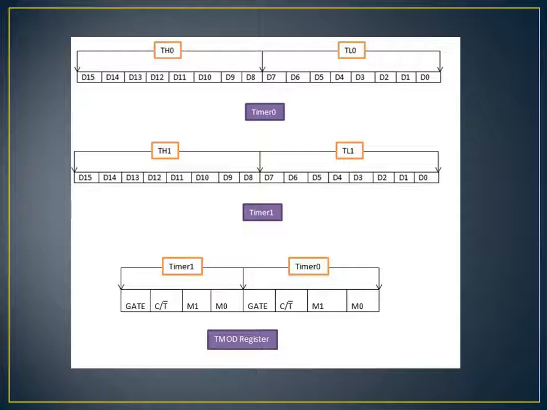Then in timer 1, in the same way, D0 to D7 is for TL1 and D8 to D15 is for TH1, that is the lower value and the higher value. So here the TMOD register format is given. For timer 0: M0, M1, counter/timer, gate. Again for timer 1: M0, M1, counter/timer and gate.